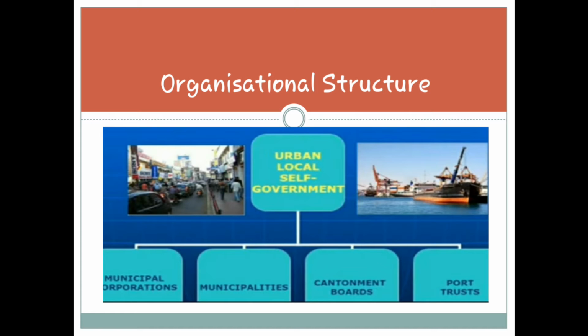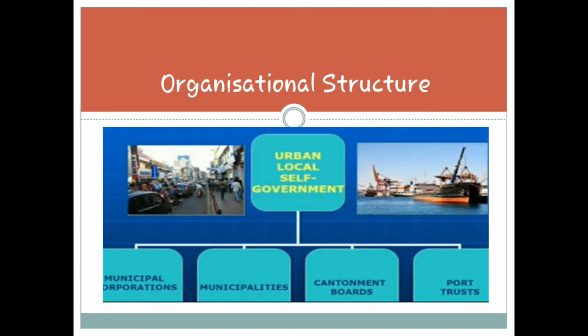And instead of the constituency here we have different wards, from where the candidates stand. The number of representatives depends upon the population of that particular city.